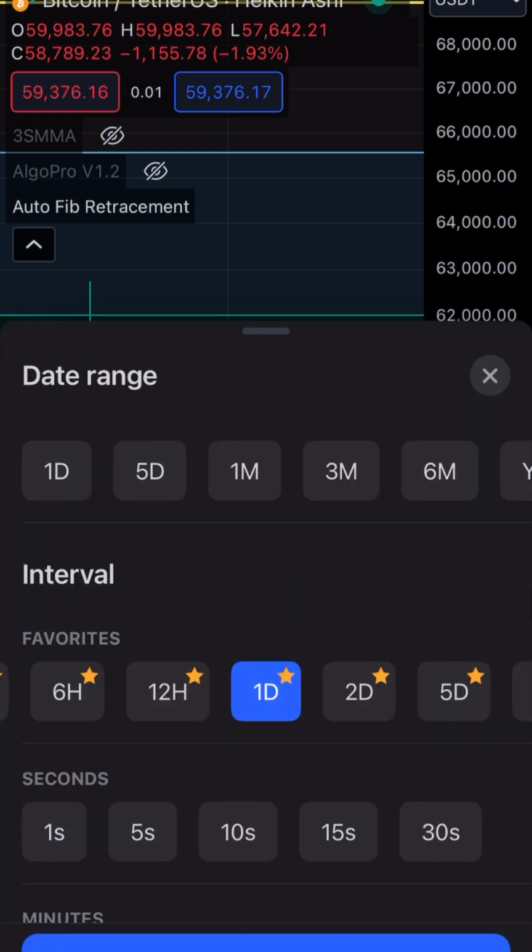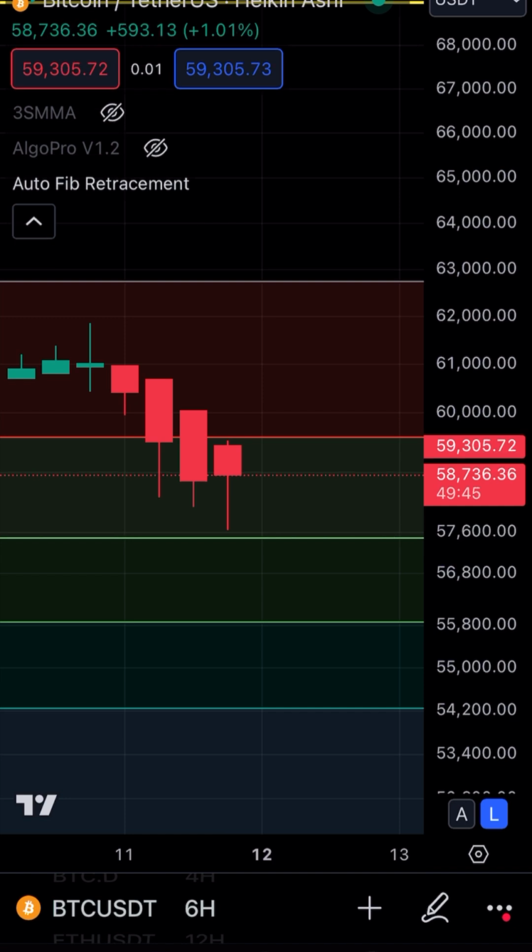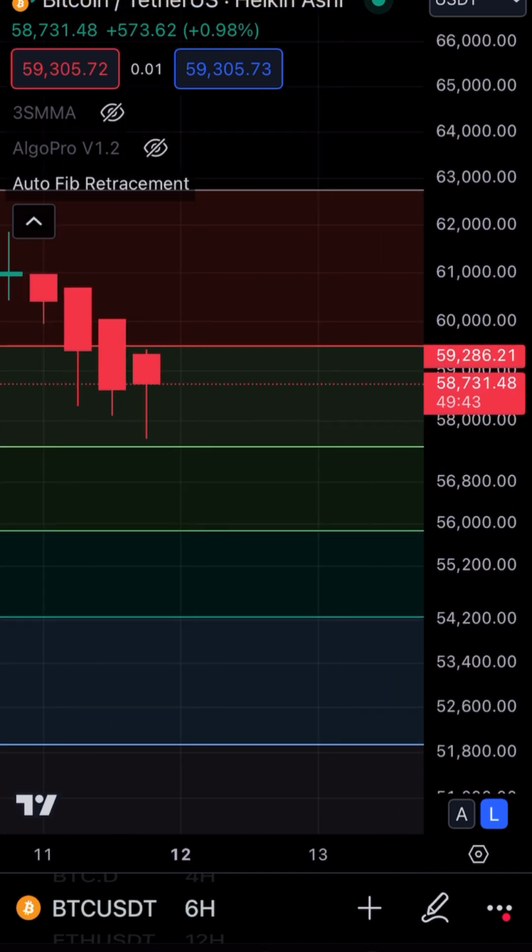Okay, so it's kind of in between. Let's just go to the 6 hour. We can see that it's trying to get past this line right here, and if it can't get past this line, it's going to bounce all the way down here, and it's going to go to 57,000. So that's basically where we're at right now, and you can just look at that and see where it's bouncing.